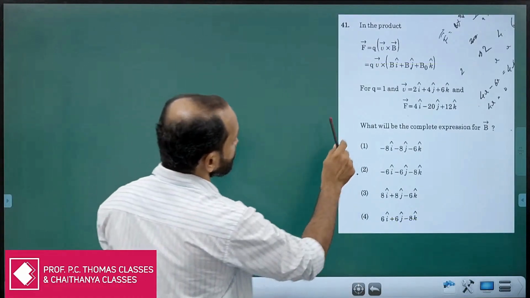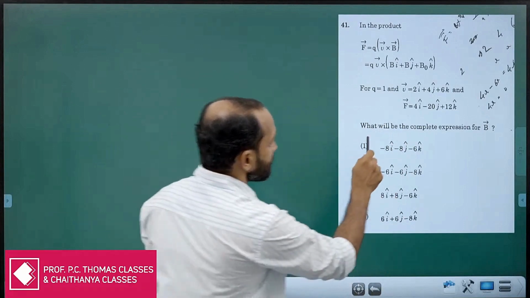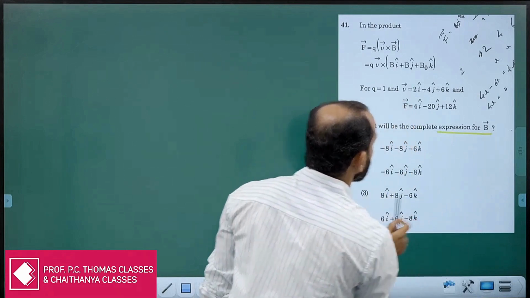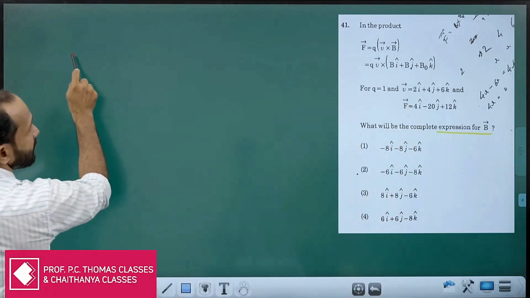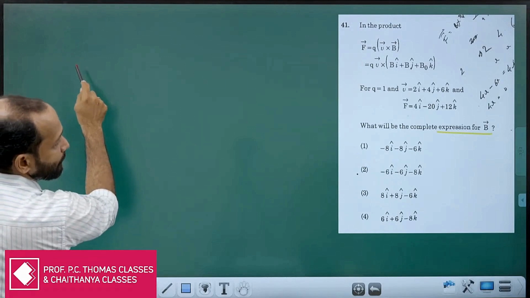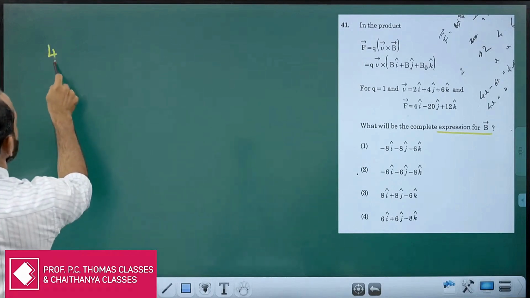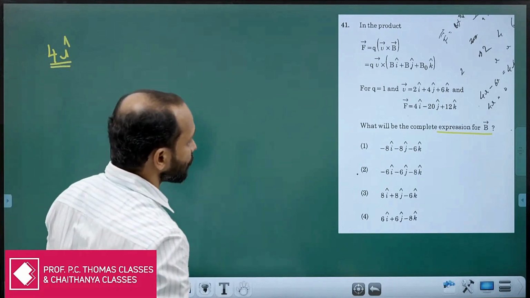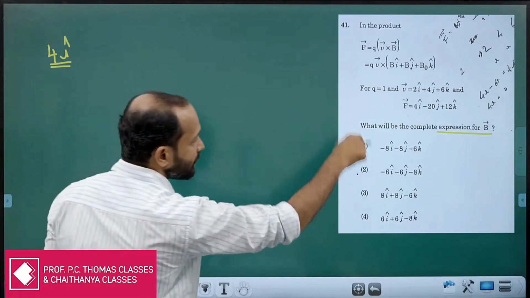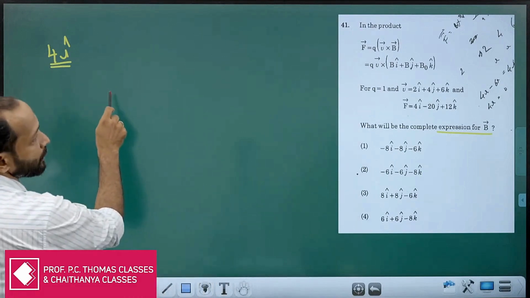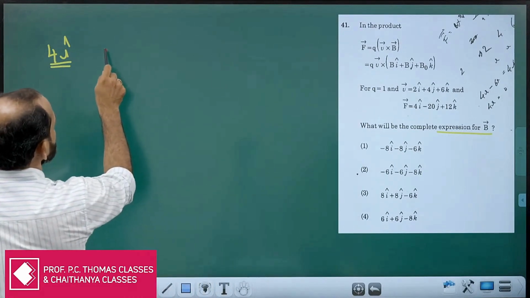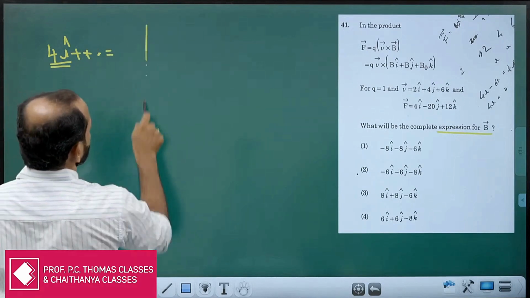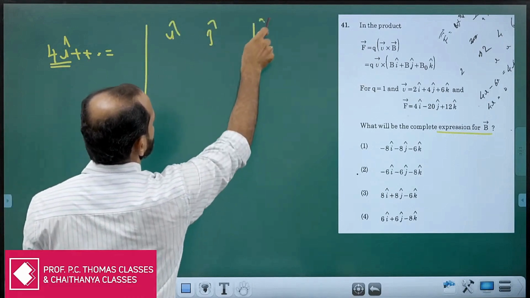41. In this problem, Q into V cross B is a little lengthy. It is not the common question. What will be the complete expression for B? See how I am writing. F is equal to Q into V cross B. What is F? F is given for I. So I am taking the X component alone. I have to check for each of those options. Now, Q into V cross B, this is the X component. What about Y and Z? I am not writing them. Then I, J, K determinant form.